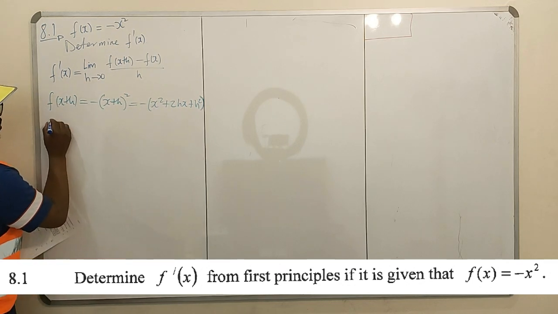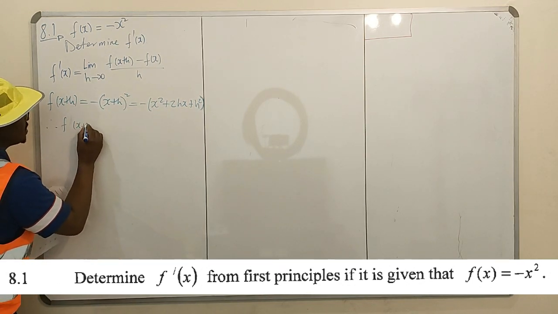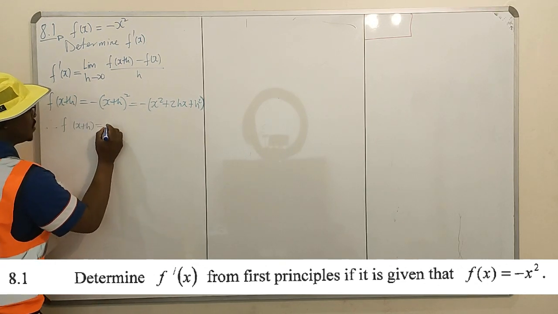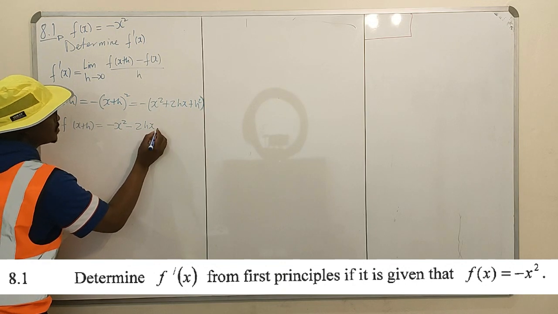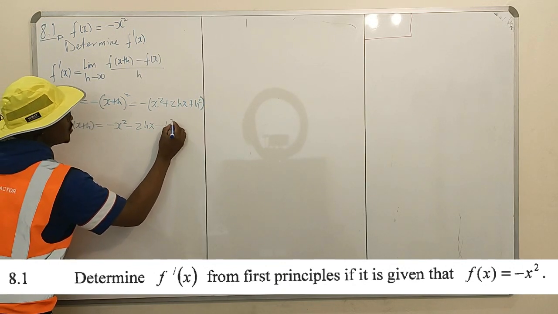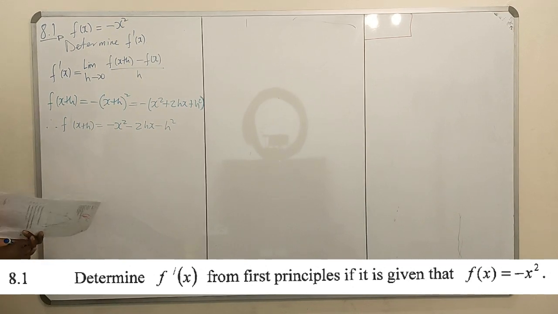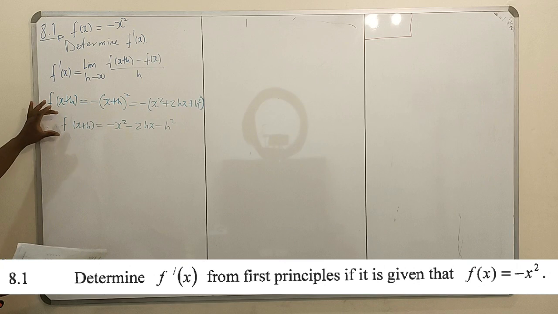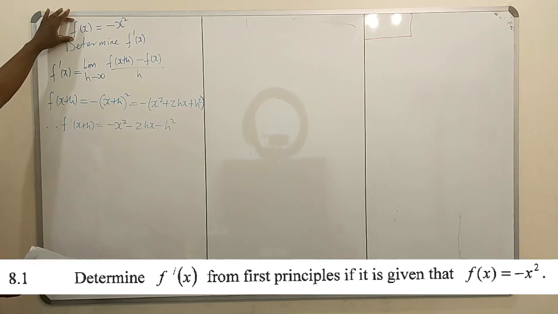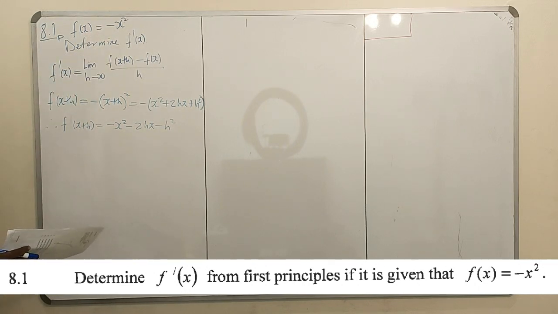So f at x plus h is equal to negative x squared minus 2hx minus h squared. That's what we do. So this is your f at x plus h, and you have your f at x. Then you can substitute into our derivative definition.